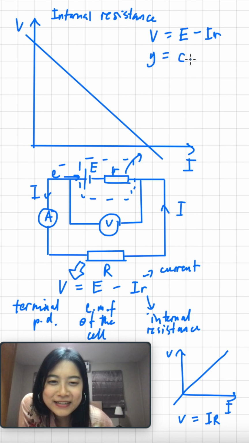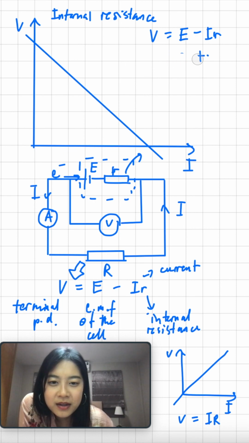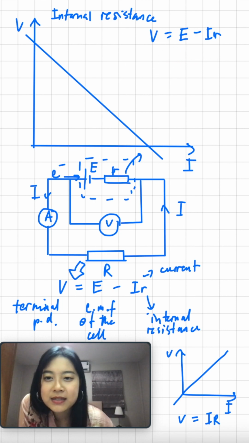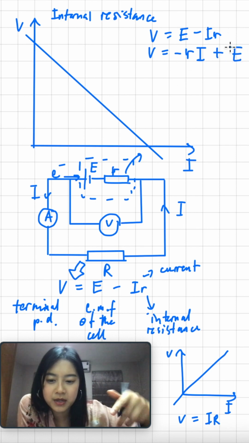Let me rewrite it in the form y is equal to mx plus c. Y, because V is y, is equal to m, which is minus r, x, which is I, plus c, which is E. Can you guys see why it goes from the top line to the bottom line?